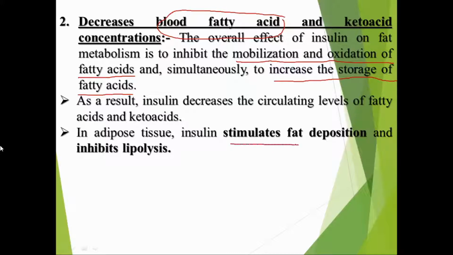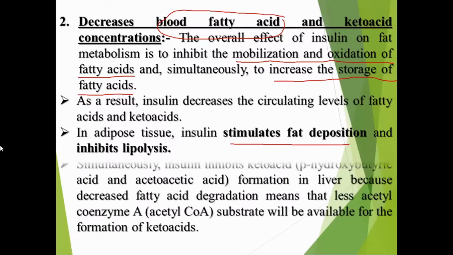So that is one mechanism by which the blood fatty acid is decreasing, because insulin stimulates fat deposition and inhibits lipolysis. Simultaneously, insulin inhibits keto acid formation, that is beta hydroxybutyric acid and acetoacetic acid, in the liver. Why? Because of decreased fatty acid degradation.